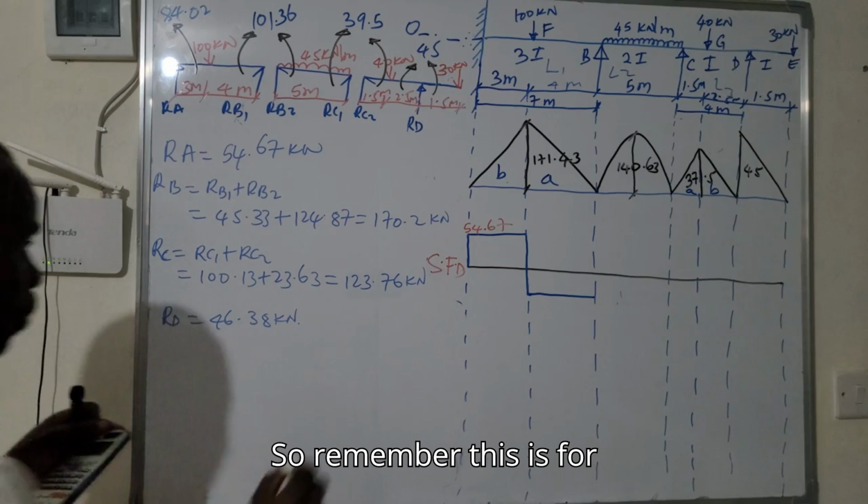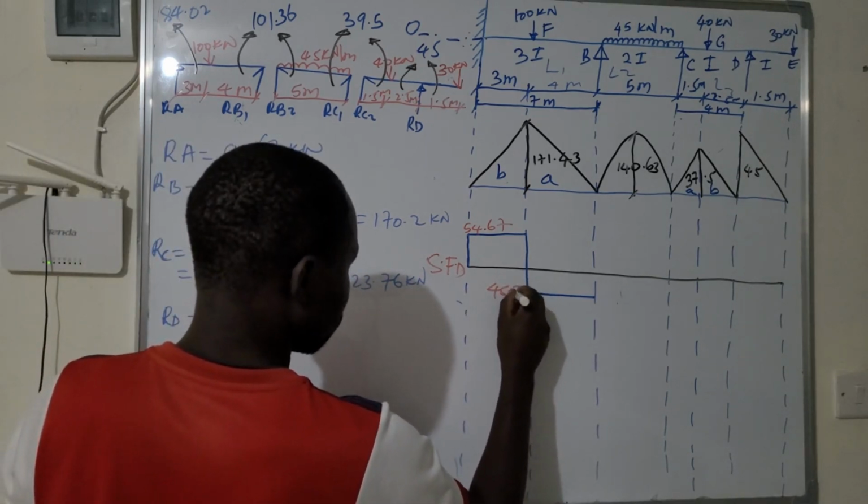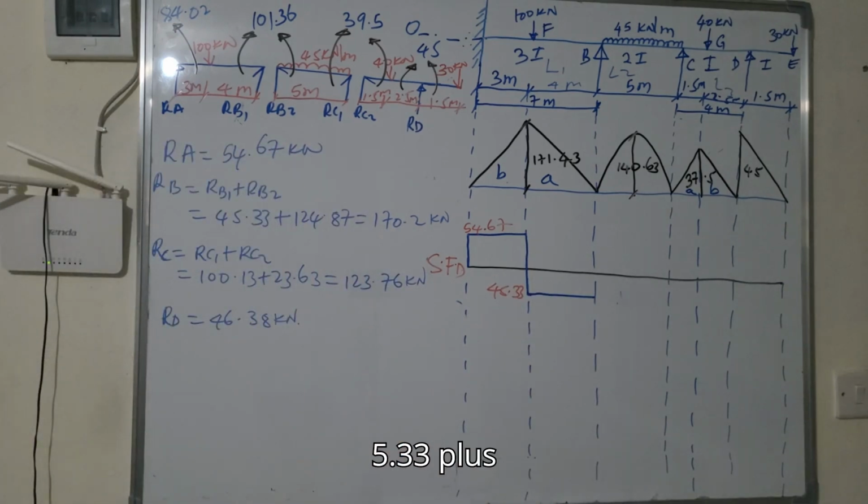So remember, this is negative 45.33 plus RB.